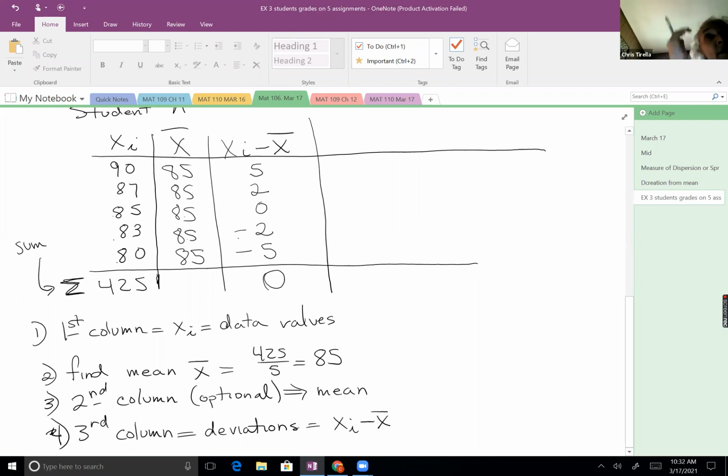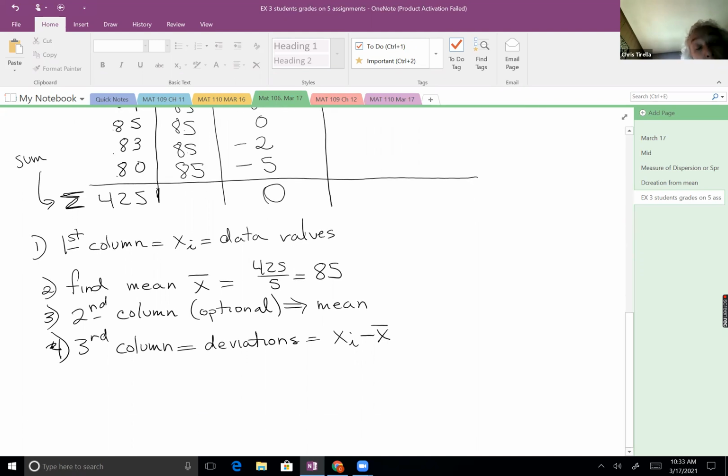And so if the mean is actually a measure of the center, that column should always or almost always add to 0. So that column adds to 0 or almost 0.